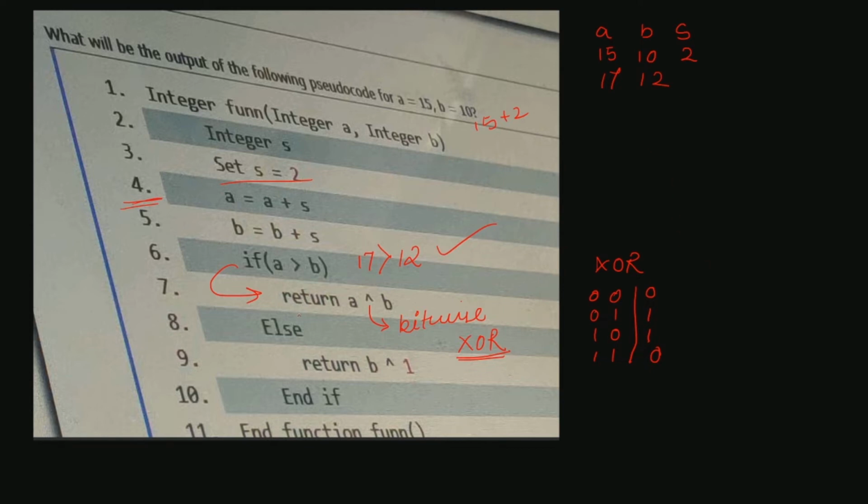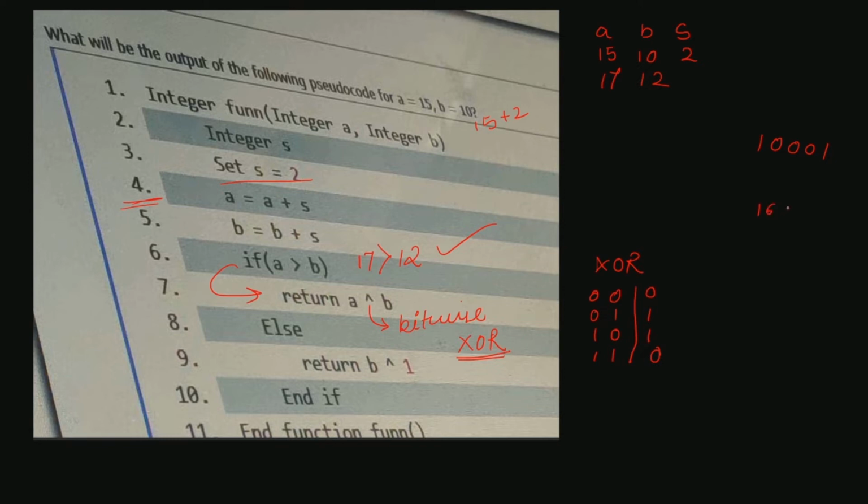So yeah, let's check. Return A XOR B. So, A is 17. The binary format of writing 17 is 10001. Now, it is very hard to remember the binary table chart, but I'll tell you a trick.